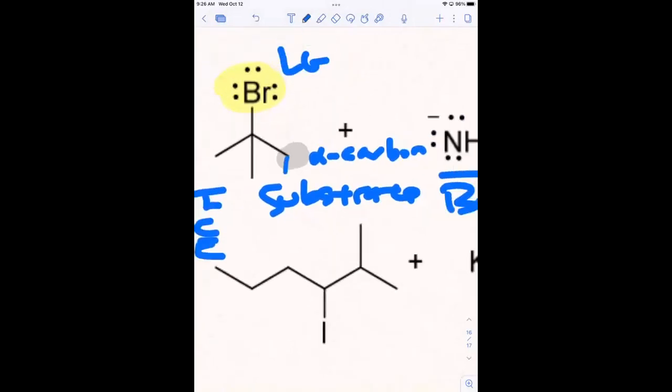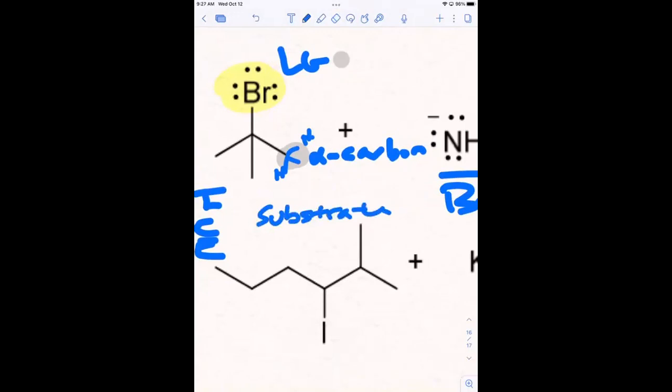So there are 3 hydrogens here. We've got 3 hydrogens on this carbon. Those hydrogens, we call them alpha hydrogens.